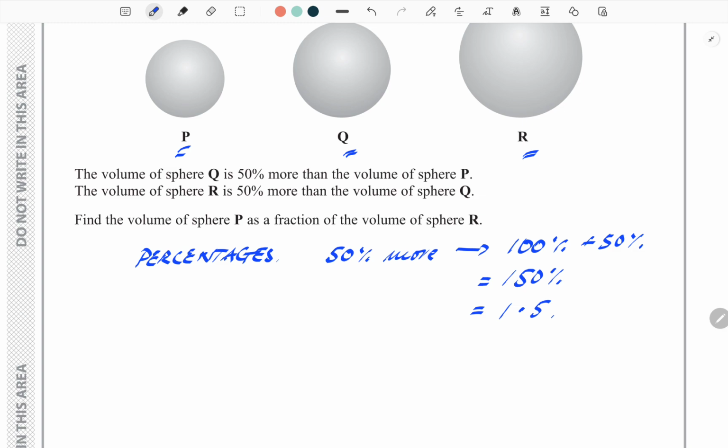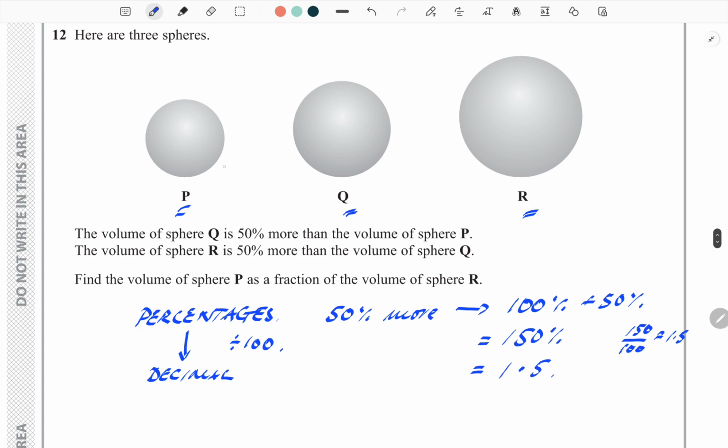If you want to convert a percentage to a decimal, you divide by 100. So 150 over 100 is 1.5. So we know that the volume going from P to Q we have timesed by 1.5.